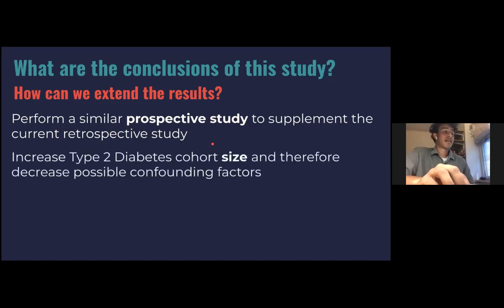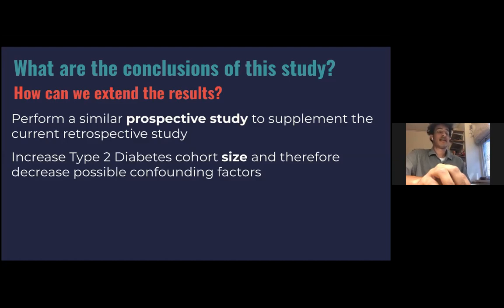Okay, another thing that could be done is to increase the type 2 diabetes cohort size. If you remember, the total cohort size was approximately 7,000 patients, and then the type 2 diabetes cohort size was about 900, which is really, really small, obviously, compared to the total cohort size.